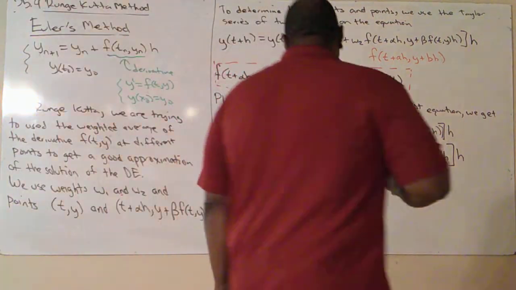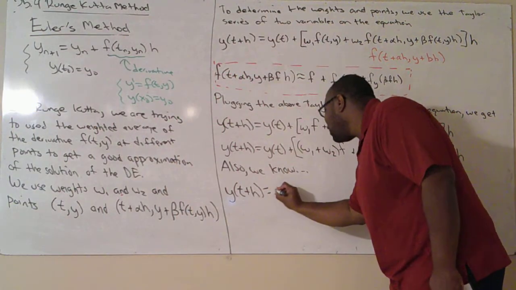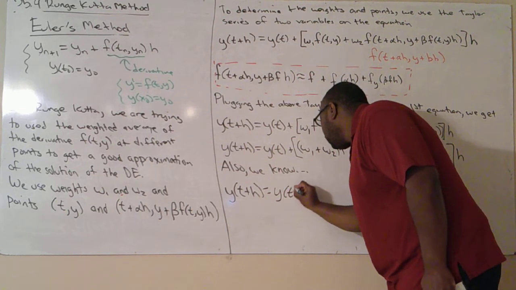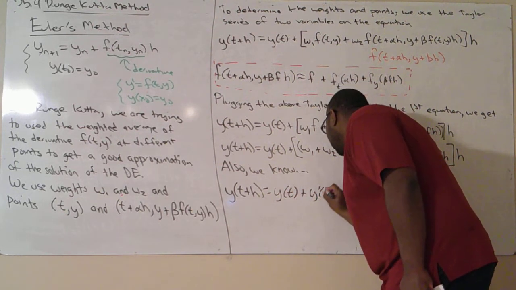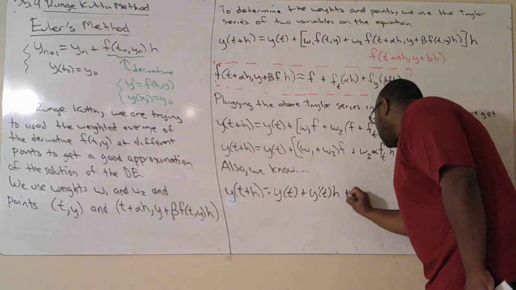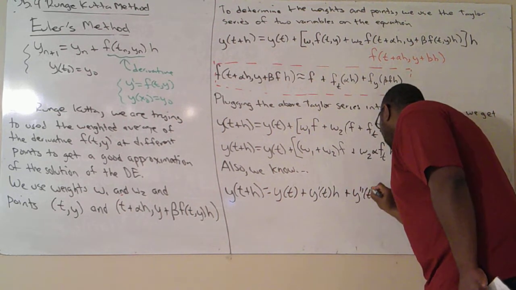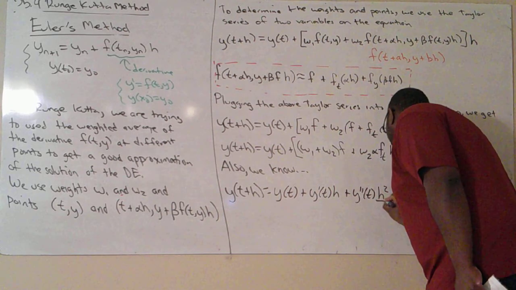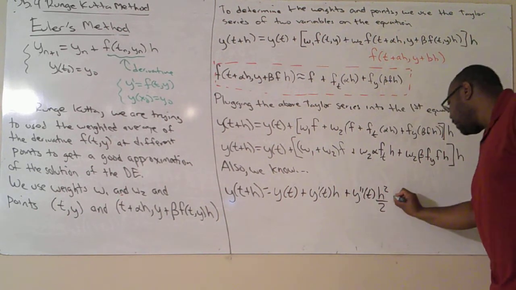And what does that look like? Well, it looks like this. Y of t plus h is equal to y of t plus y prime of t times h, plus y double prime of t times h squared divided by 2.